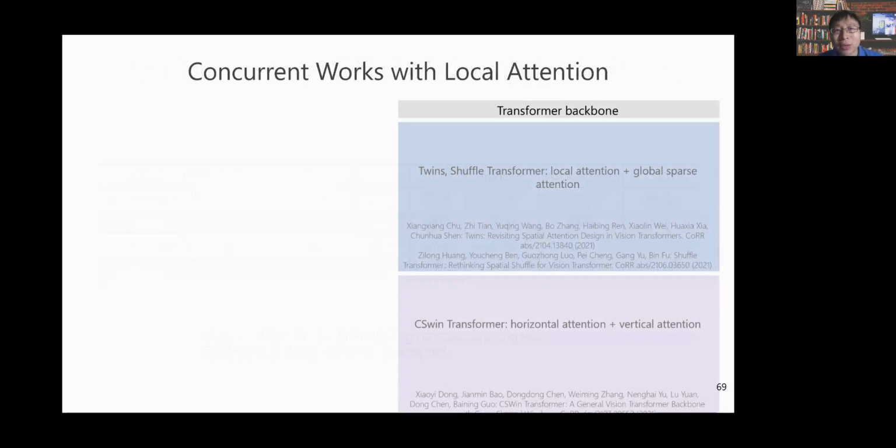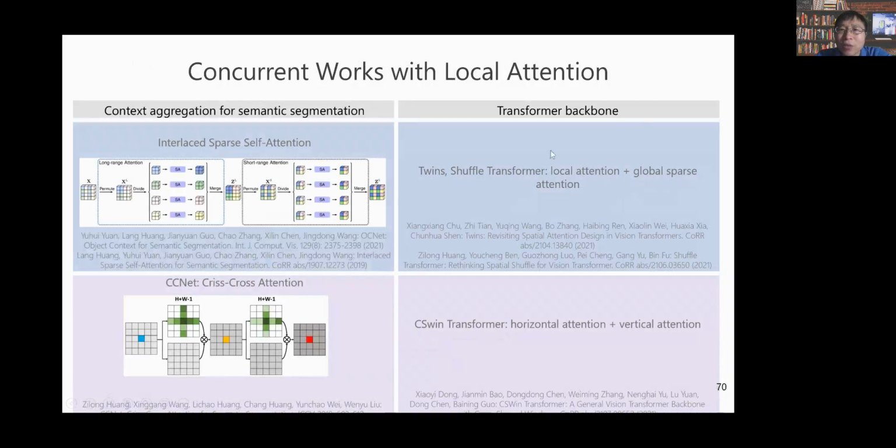So here, let me introduce some other concurrent works with local attention. For example, Twins and Shuffle Transformer are about local attention and global sparse attention. And the Swin transformer uses horizontal attention and vertical attention. Actually, we want to show that for local attention and global attention, two years ago we proposed the so-called interlaced sparse self-attention.